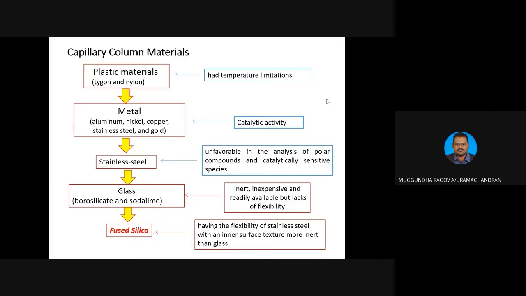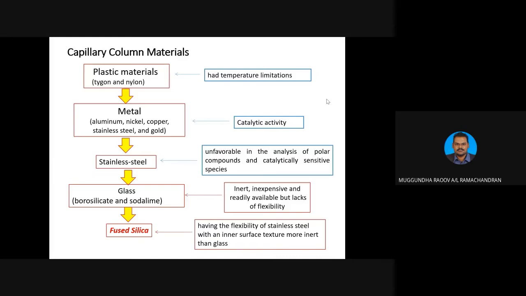In terms of capillary column materials, plastic materials like nylon have temperature limitations. As for metals like aluminium, nickel, copper, stainless steel, and gold, they have some catalytic activity. Stainless steel is very unfavorable in the analysis of polar compounds and catalytically sensitive species.